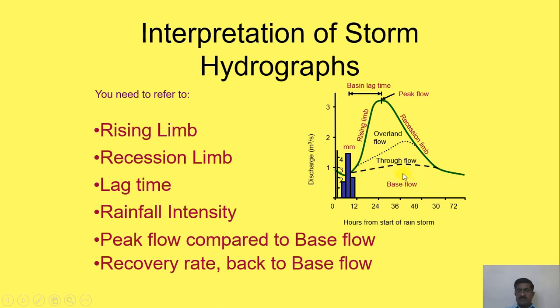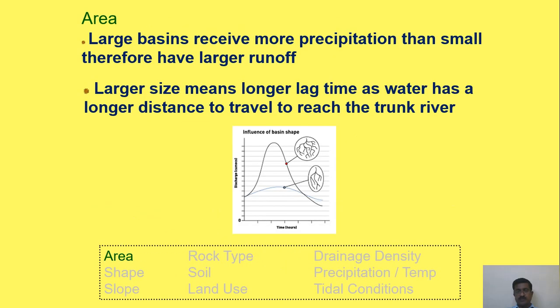So how the base flow is calculated, how the through flow is calculated, how the overland flow is calculated, that we have seen in the earlier sessions. So all these factors of a storm hydrograph, how they are going to affect it with the various characteristics or various points, those we are going to study.